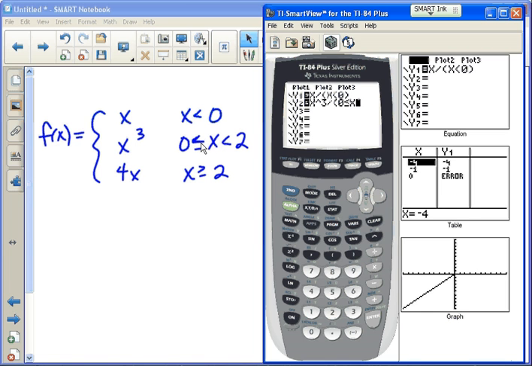I'm going to close the parentheses, and then start a new parenthesis, and then say x is also less than 2. So you're really splitting this up in two pieces. You're saying, okay, well 0 is less than or equal to x, and x is less than 2. So I do x less than 2.